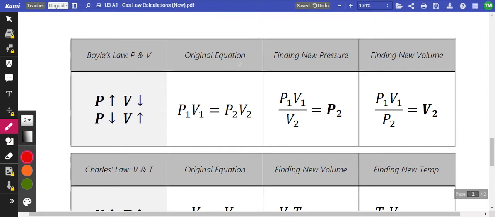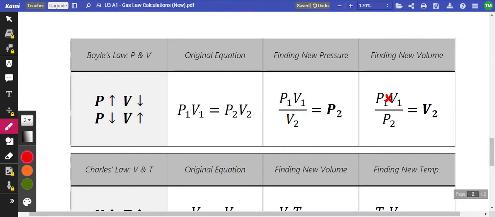And if I want to find the new volume, V2, this equation looks like it would work pretty well: P1 V1 over P2 equals V2. If you have two variables next to each other, like P1 V1, these are being multiplied. So P1 times V1 divided by P2 is going to give me my V2. That's what I'm going to calculate.